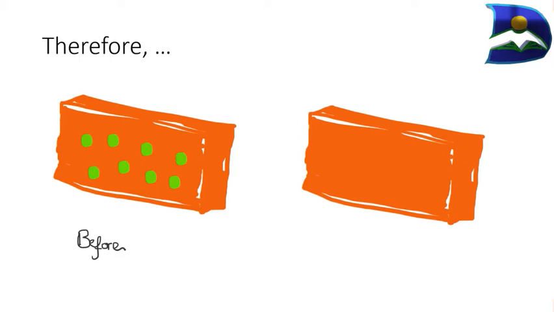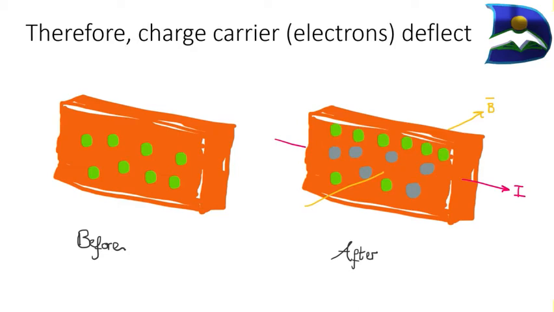Looking at the charged particles in this material, if we have a sea of electrons before, and we subject the material or box to both the current along the x-axis and the magnetic field along the y-axis, we see a movement of those electrons either up or down, which creates a deflection of the particles.